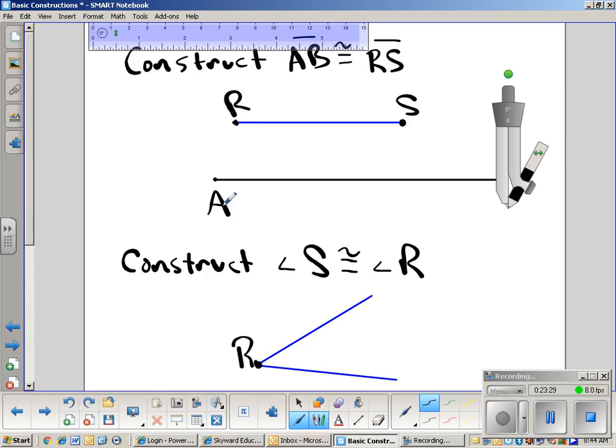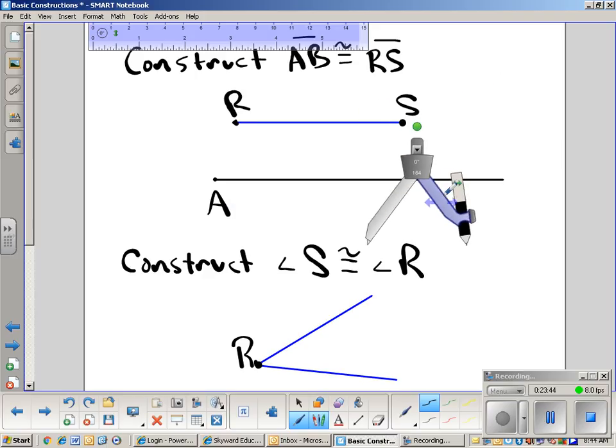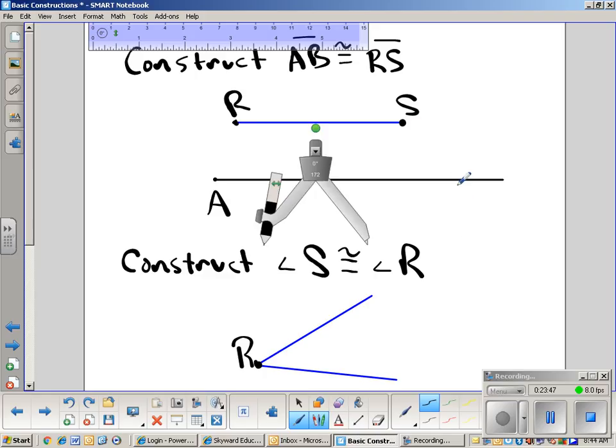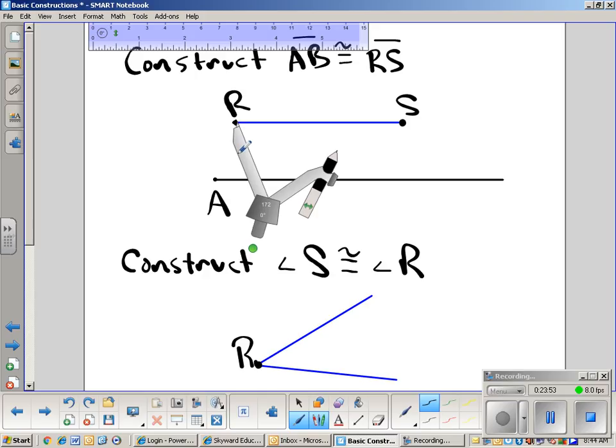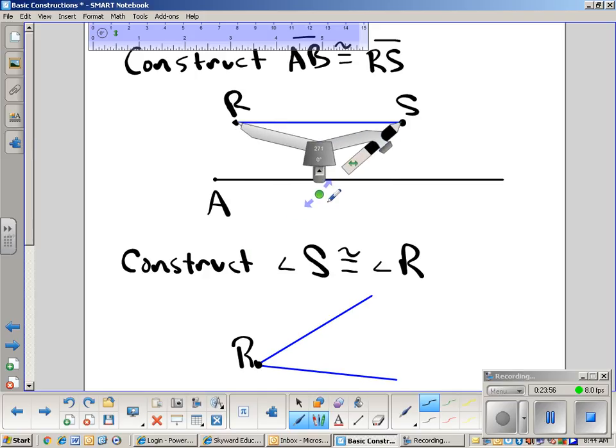So step one was to draw a line, and step two, or step 1B, was to place point A at the end of the line. Step 3 then is to use your compass to measure RS.